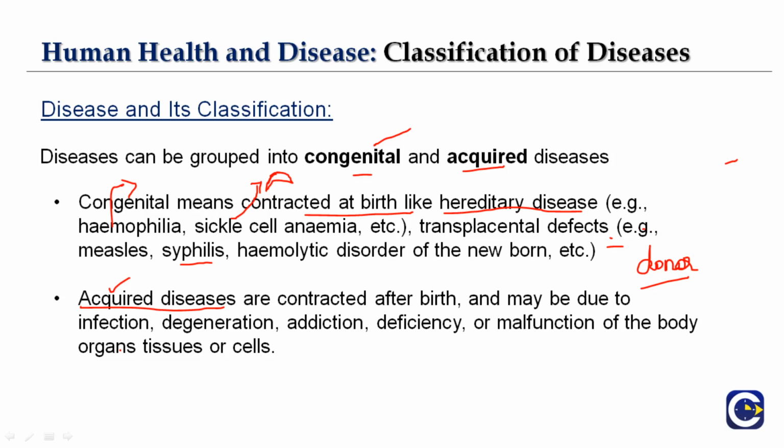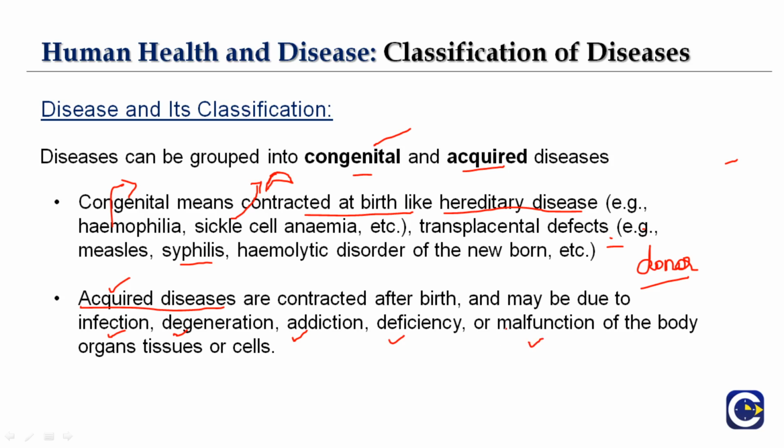This may be due to factors like infection, degeneration, addiction, which can be alcohol or drug addiction, and deficiency, which can be any vitamin or mineral deficiency, predominantly vitamins. Or it can be the malfunction of the body organs, tissues or cells.